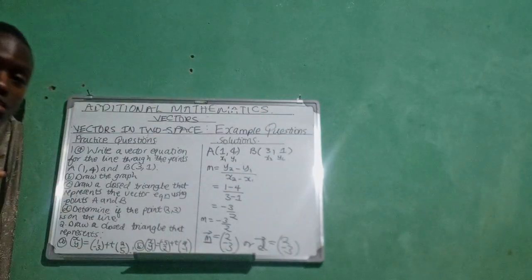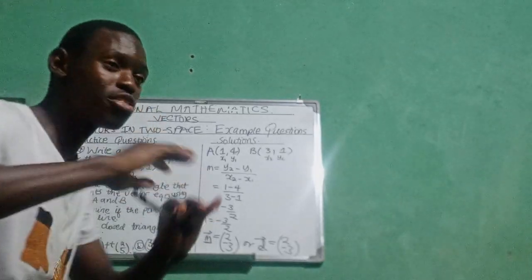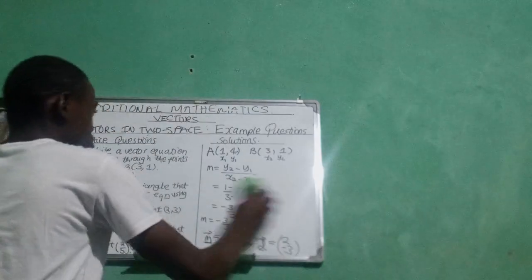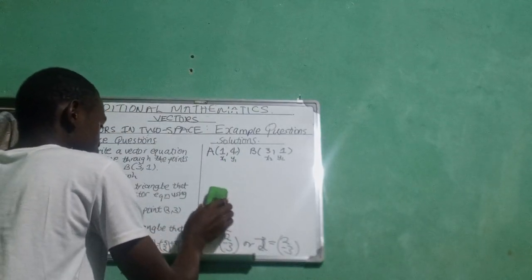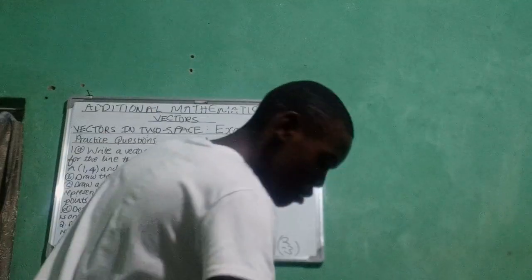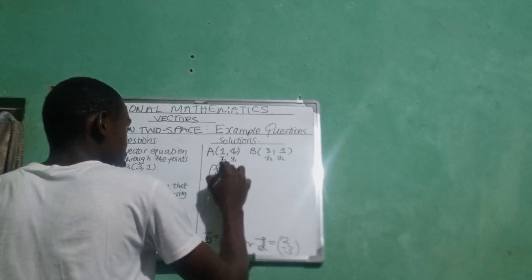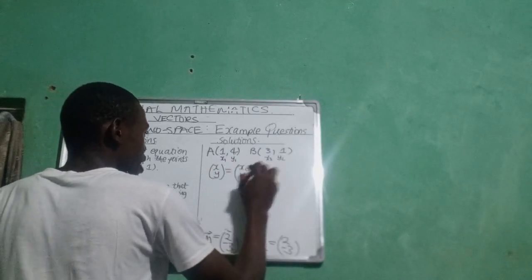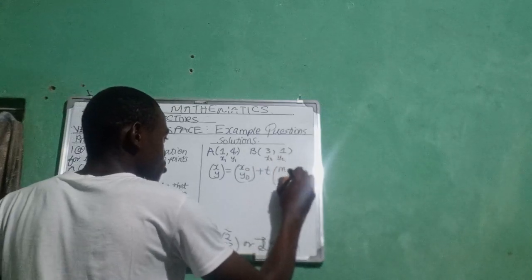After you know your direction vector, everything now is easy because you know the format for your vector equation. The format for the vector equation is as follows. We have (x, y) is equal to (x naught, y naught) plus the parameter t multiplied by (m1, m2).